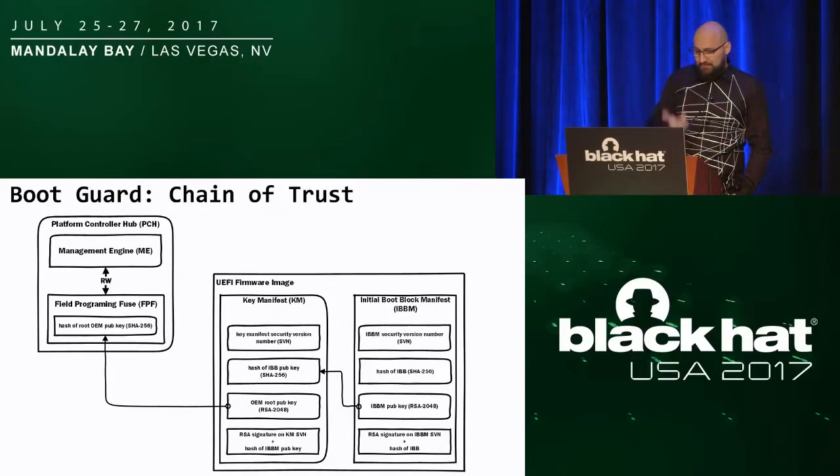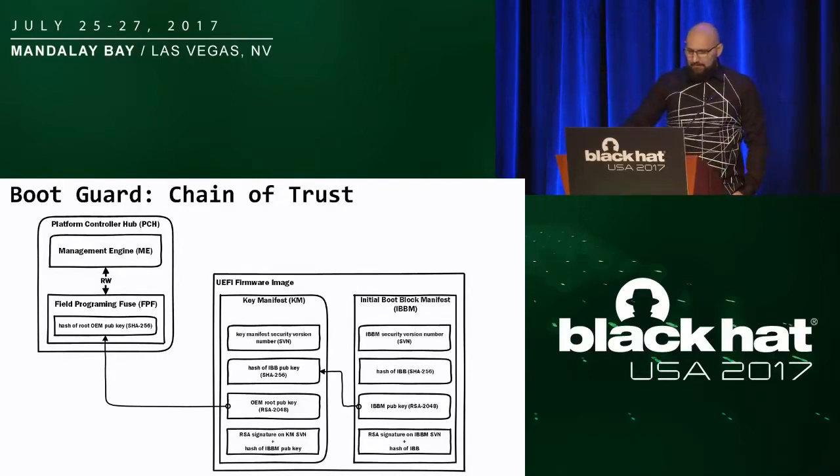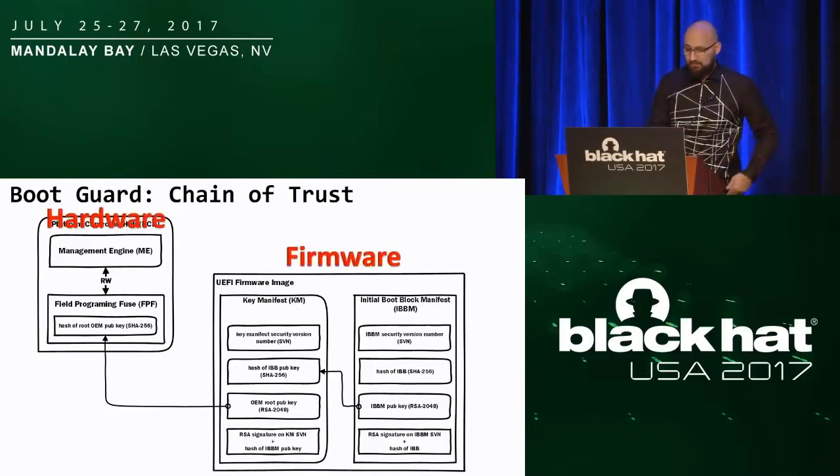It's the register which stores the hash of the OEM public key. And in the firmware we have two manifests. The first is the KM, the key manifest, and the second is the initial boot block manifest. These arrows show how the root of trust is locked into the hardware, and we will discuss all of them a little further. This is locked by hardware, and this is locked by firmware.